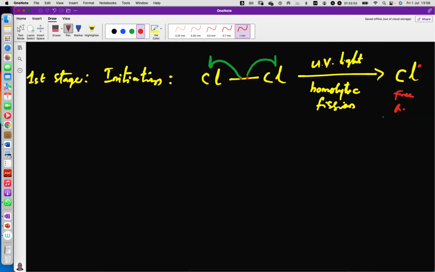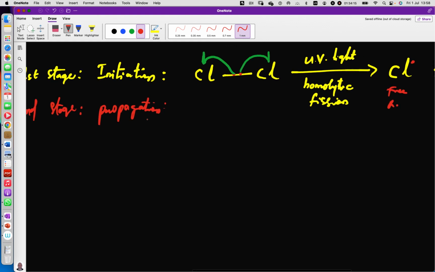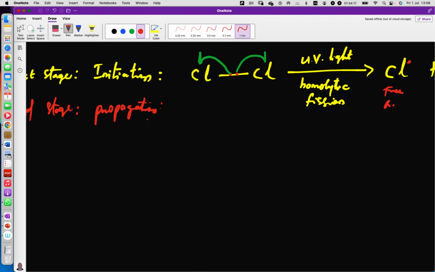Now the second stage of this will be propagation. In the propagation stage, there is a free radical reacting with the molecule.